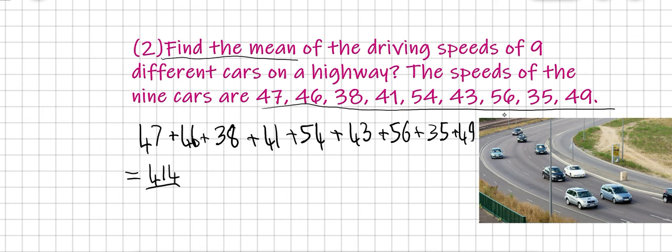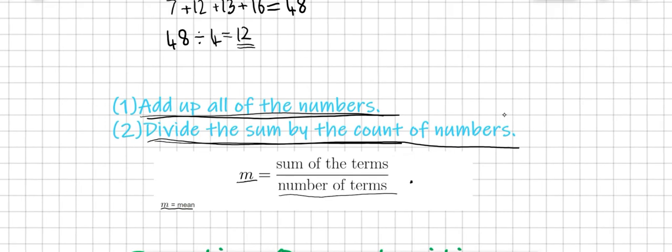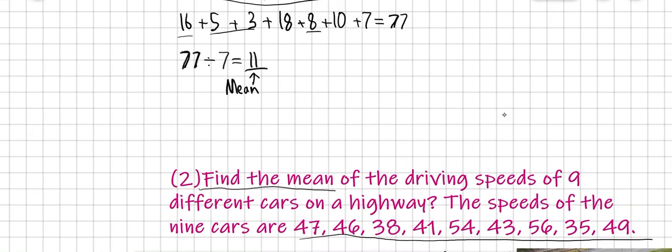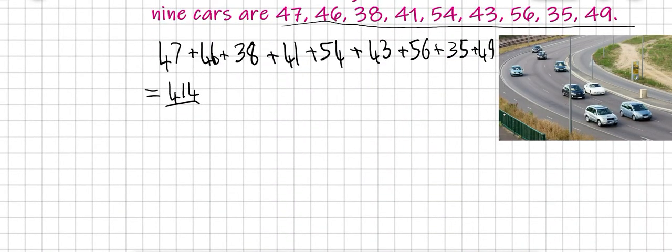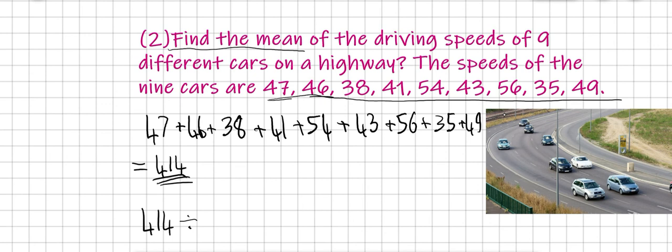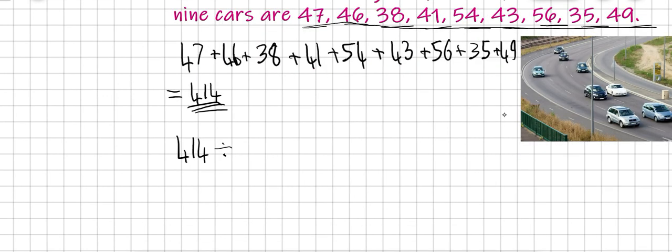Now we've got the sum, but we're not done yet. We have to do step number 2. Divide the sum by the count of the numbers. So we have the sum, which is 414. Now we have to divide it by the count of the numbers. So we count how many numbers there are: 1, 2, 3, 4, 5, 6, 7, 8, and 9. So we divide it by 9, which gives us 46.